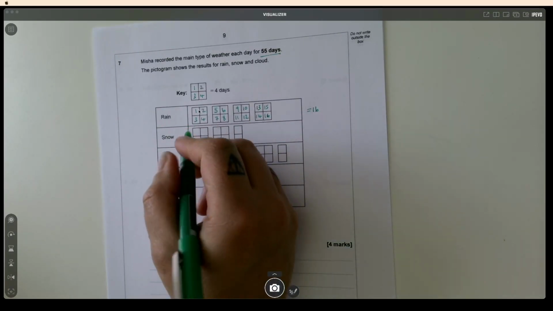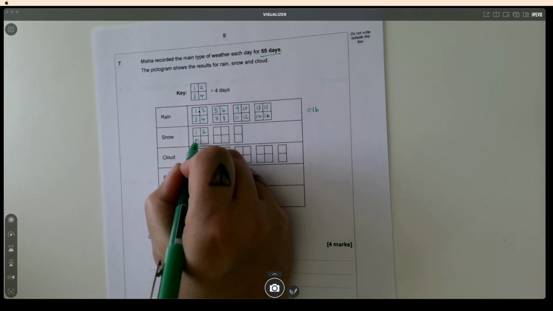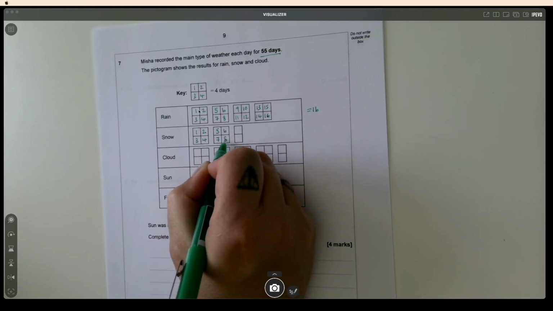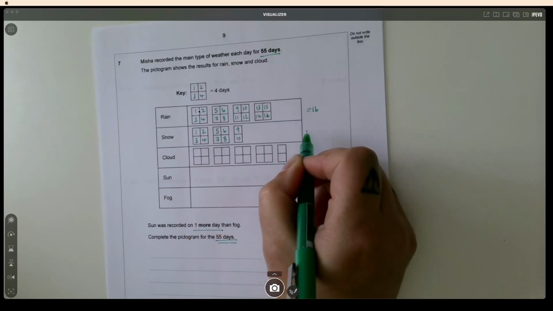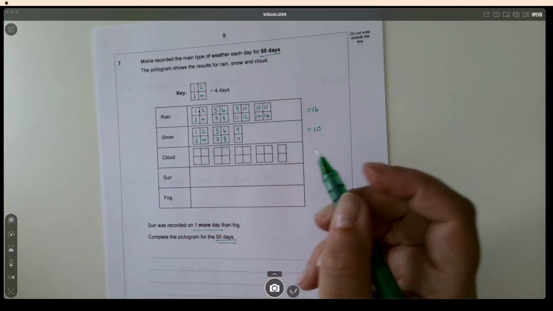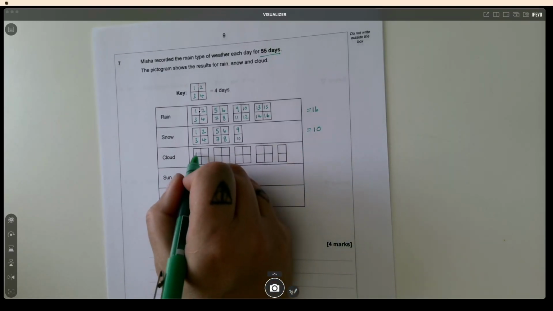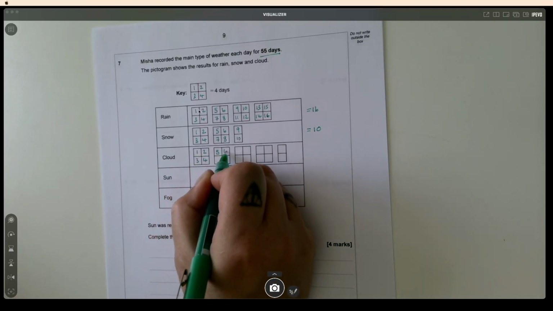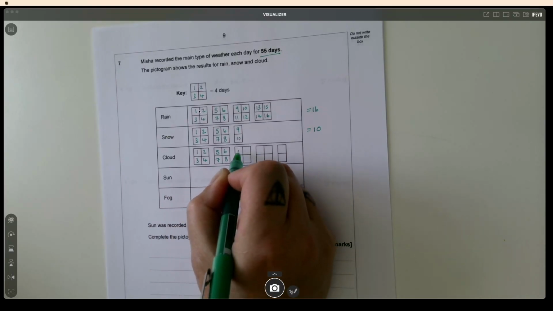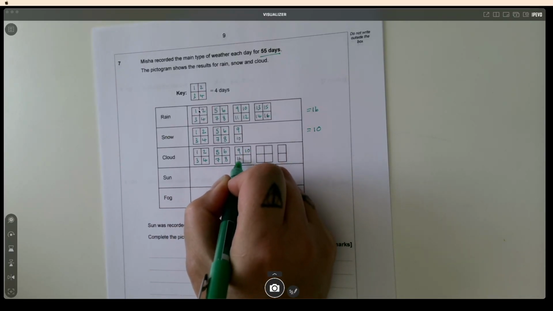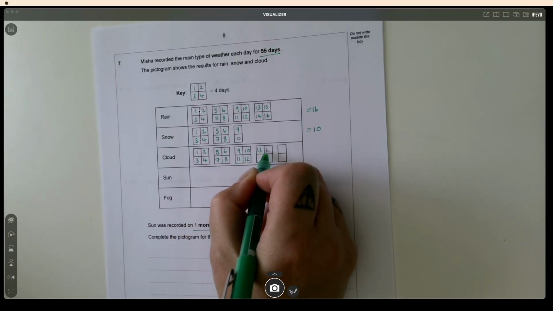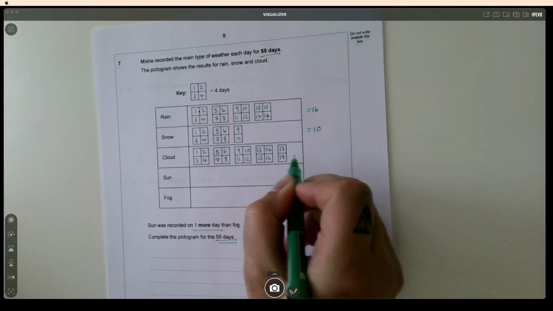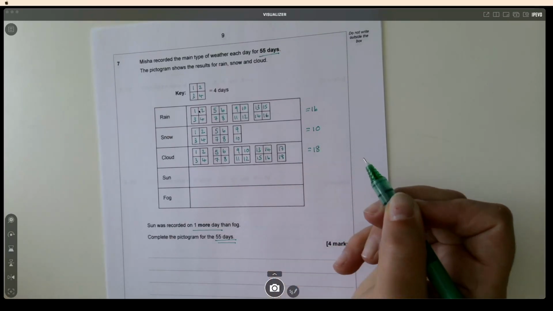We'll do the same for snow. 1, 2, 3, 4, 5, 6, 7, 8, 9, 10. So 10 days had snow. Same for cloud. 1, 2, 3 up to 17, 18. So 18 days have cloud.